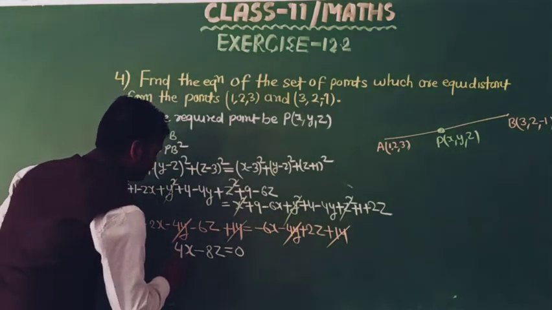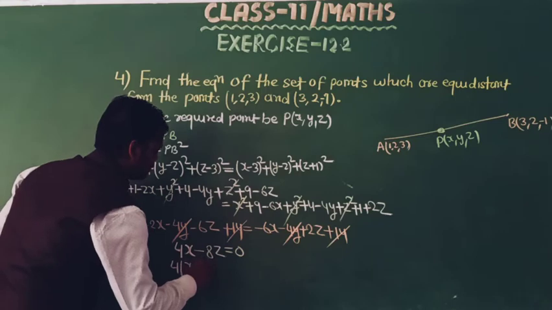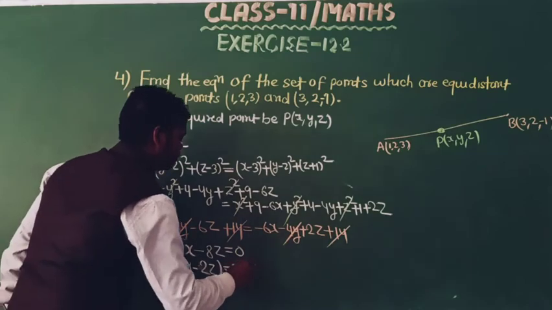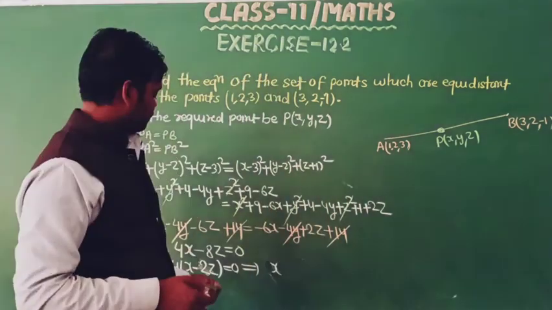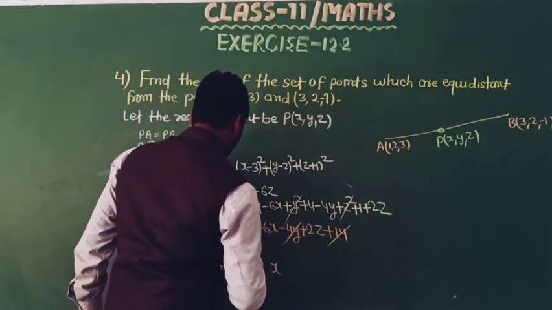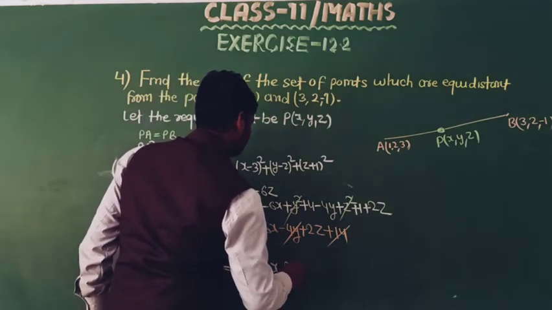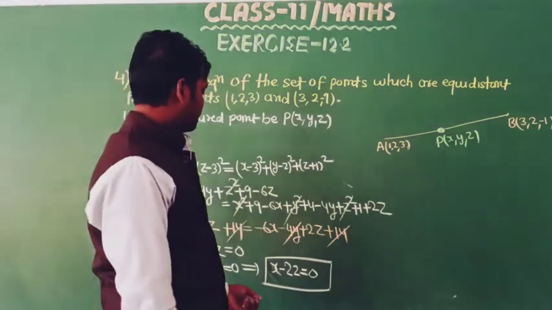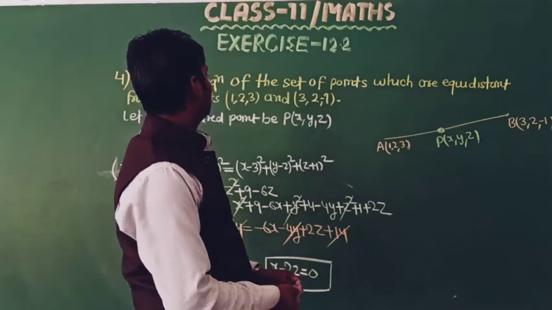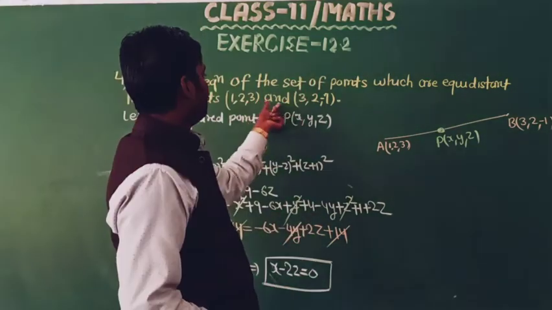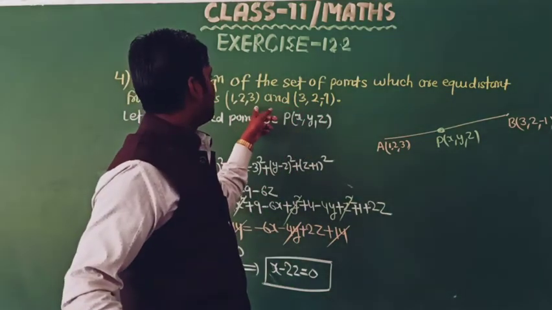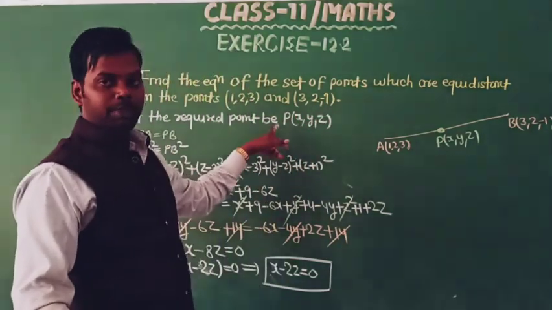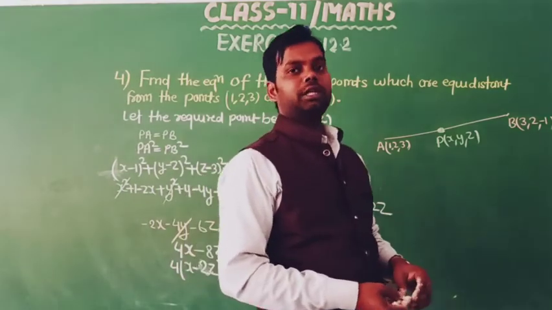Now taking 4 as common, this becomes x minus 2z equal to 0. So we get the required equation x minus 2z equal to 0. This is the required set of equation for the points equidistant from (1, 2, 3) and (3, 2, -1), where the point P has coordinates (x, y, z).